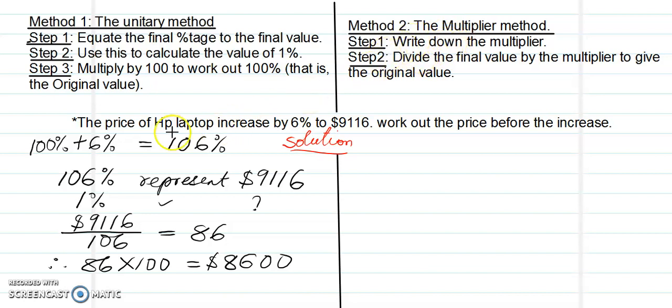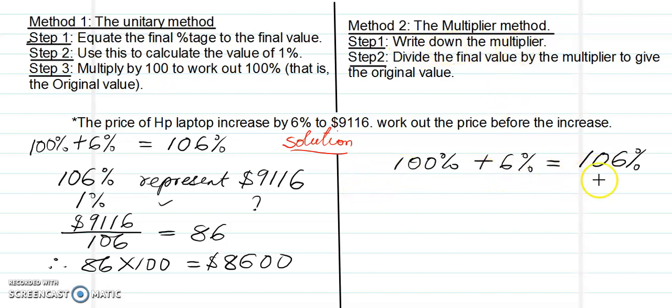Okay, let's look at this second method. Since the price of the HP laptop increased by 6%, I will have 100% plus 6% because it is an increase. So that gives us 106%. Now step 1 says write down the multiplier.